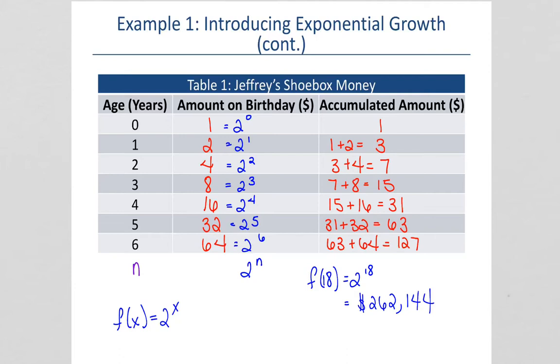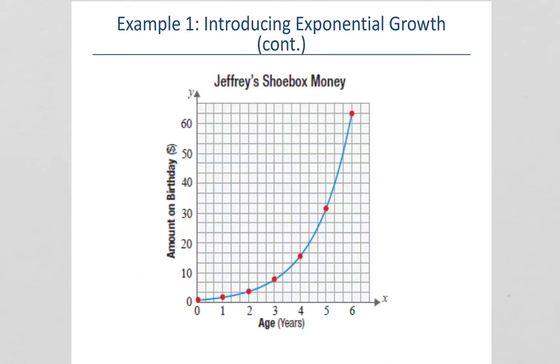That aunt better be pretty rich by the time her nephew turns 18. And you can see a graph of it here. At 6 years, she puts in $64.